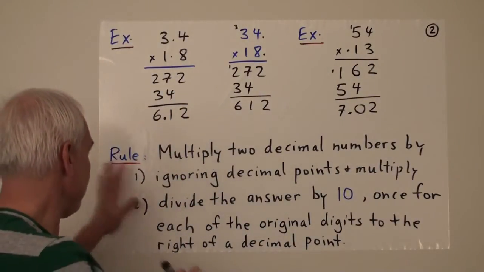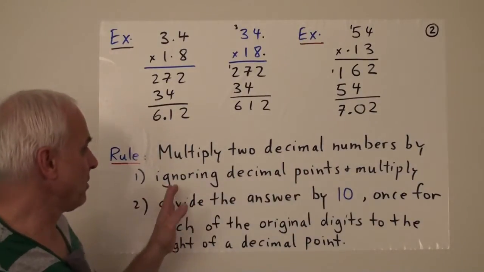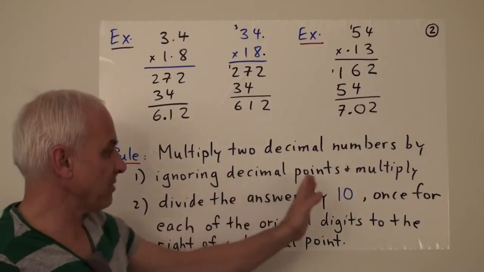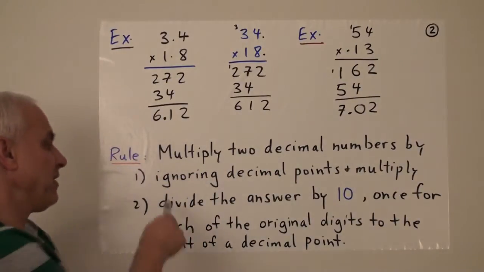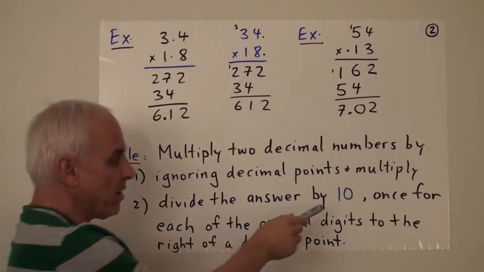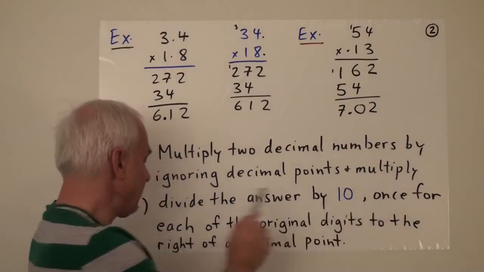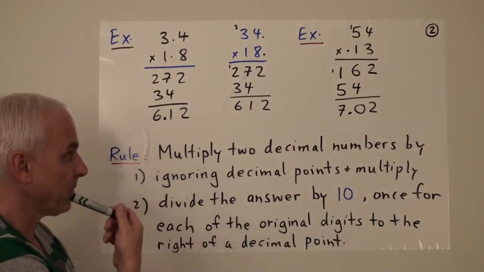So maybe write the rule something like this: to multiply two decimal numbers, first of all, we ignore the decimal points and multiply as usual. And then we divide the answer by some power of 10, but we divide it by 10 once for each of the original digits to the right of the decimal point.